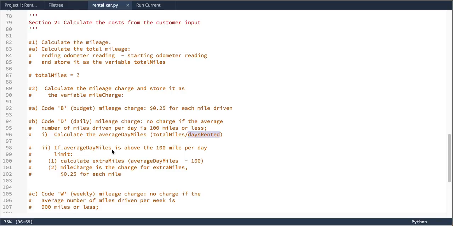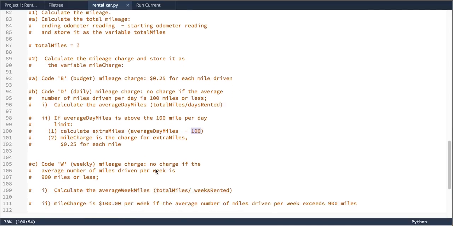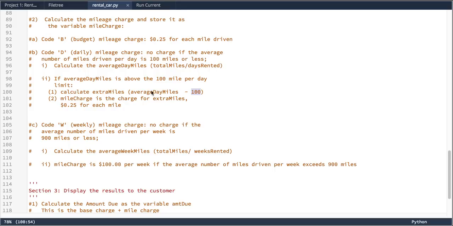If the average daily miles is above 100 miles per day, then we calculate the extra miles as average daily miles minus 100, then it's 25 cents a mile. So for a daily charge, you get 100 miles before you start paying the 25 cents a mile.